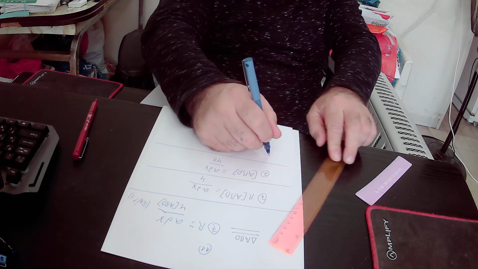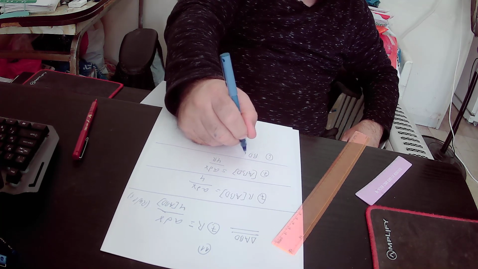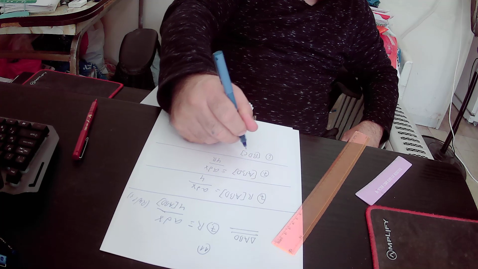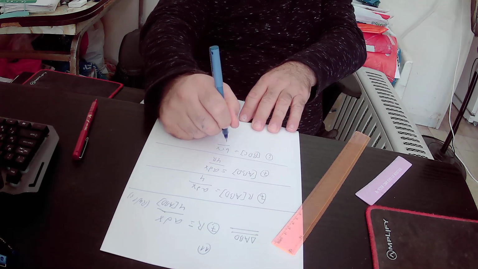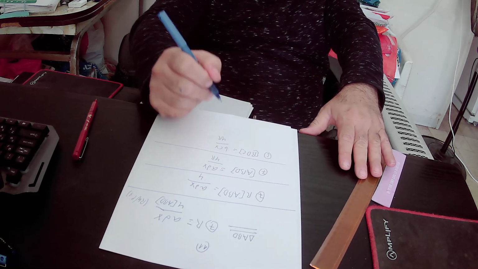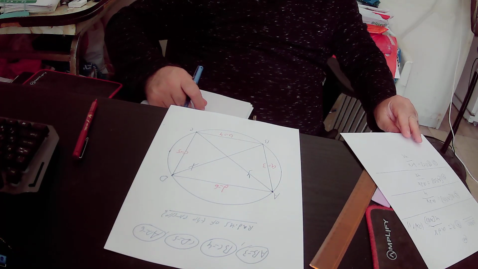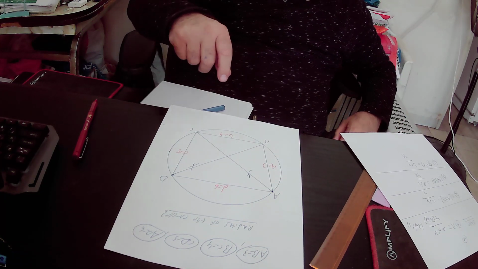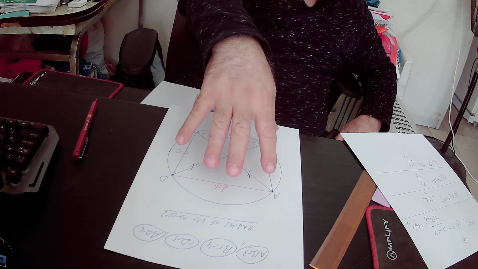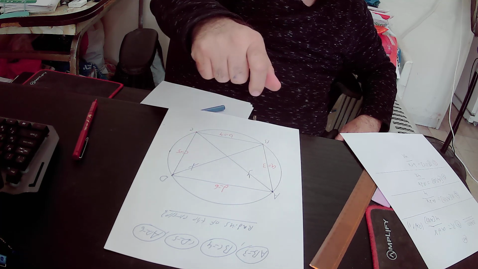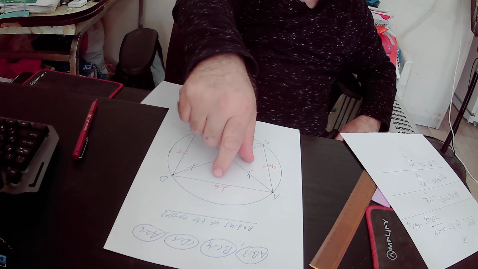And we have already found out that the area of triangle BDC is equal to BCX over 4R. Okay? But as you can see from the drawing, quadrilateral ABCD consists of 2 triangles, triangle BDC and triangle ABD.